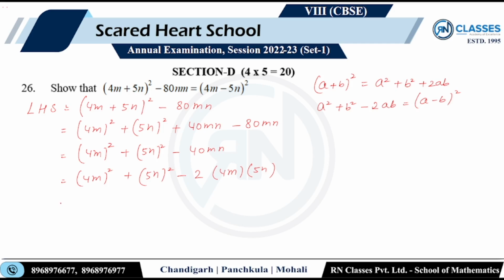I use this, so मैं इसको लिख लूंगा 4m minus 5n square, which is equal to RHS. So identities लिखने का ही एक नंबर होगा. LHS equal to RHS. 4 marks in your bag.